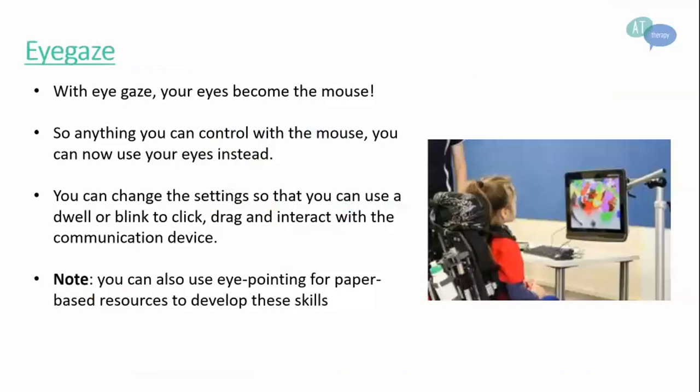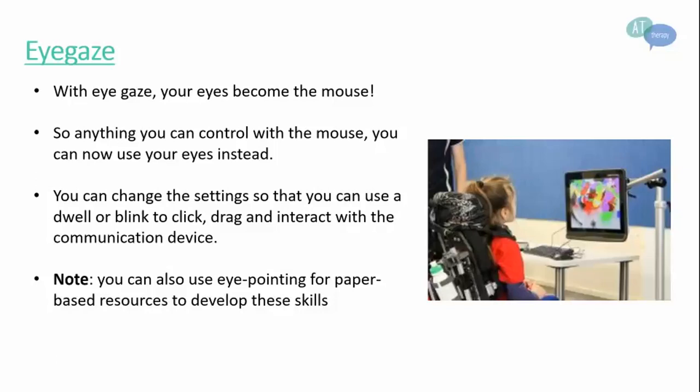It seems quite a bit like magic, but with Eyegaze, the eyes become the mouse. So anything you do with the mouse, you then use your eyes instead. So there's a few different ways you can set this up, but typically we'd use a dwell to click setting, which is that circle bar that you saw earlier in one of those videos, but you can also do a blink to click as well.